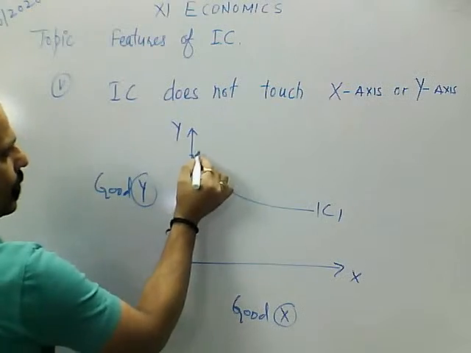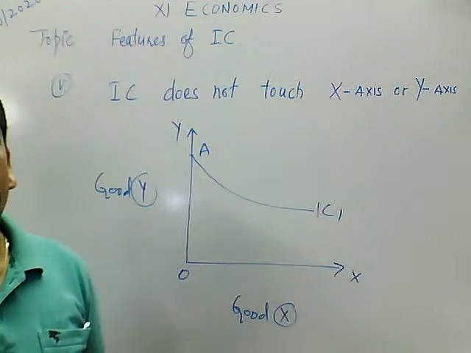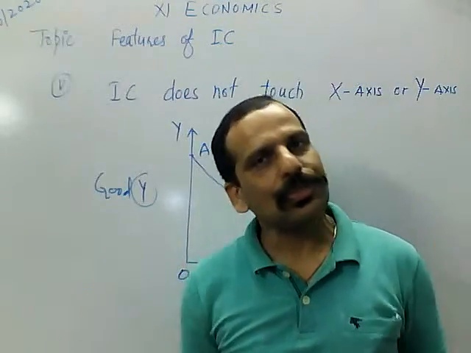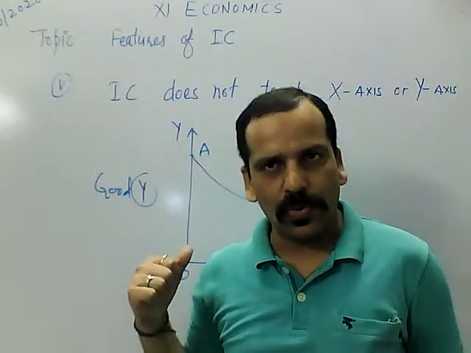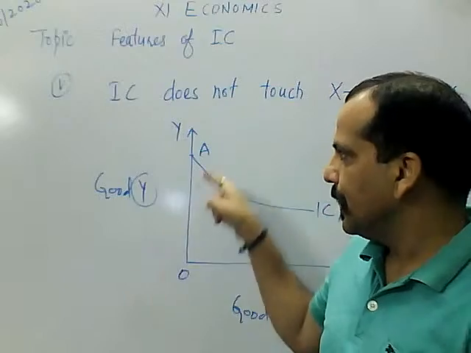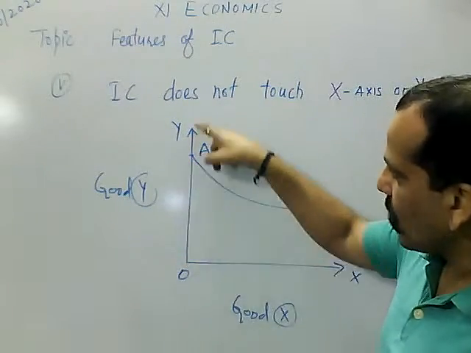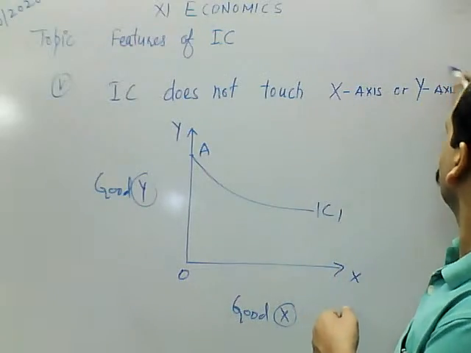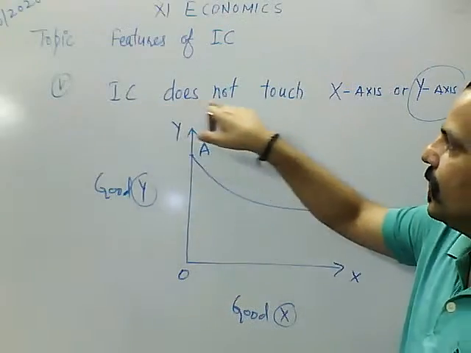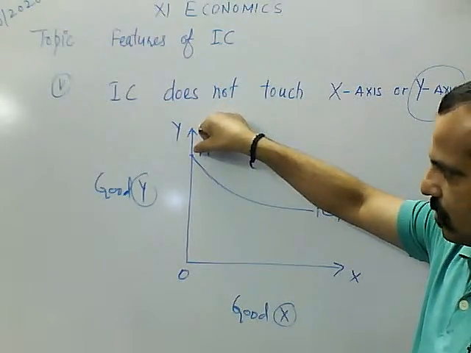Let's add point A. At point A, do you think there is a combination of two goods, or only one commodity at this point? This is your Ox-axis, this is your Oy-axis. So IC does not touch. Here, let it touch.